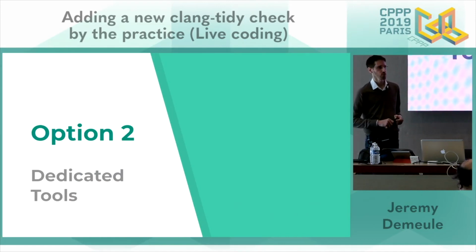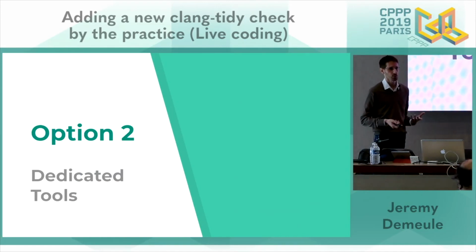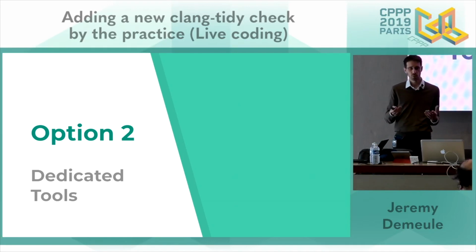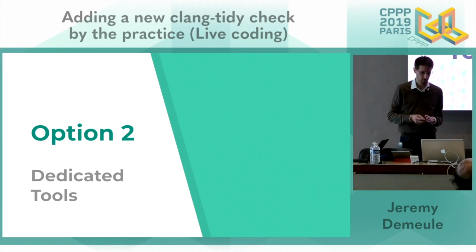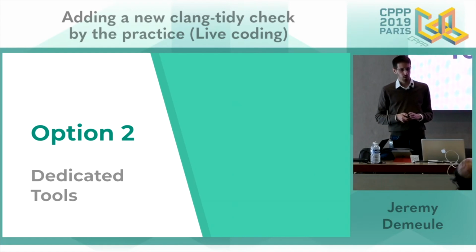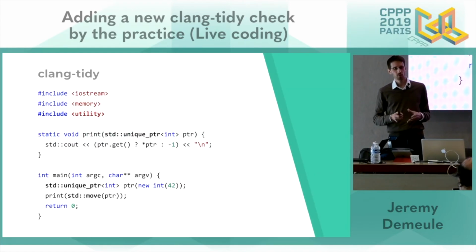The second option is to use dedicated tools. They require more investment than just regex, but they are much more powerful. But as their name suggests, they are dedicated to one kind of transformation. Here, we are quite lucky.